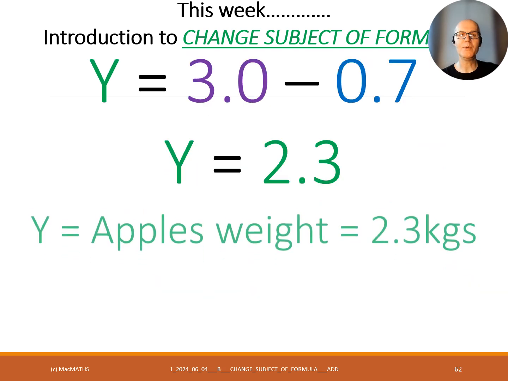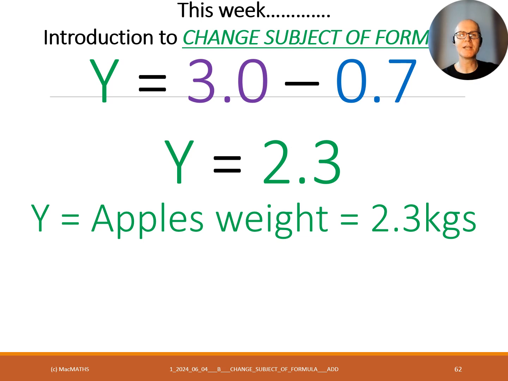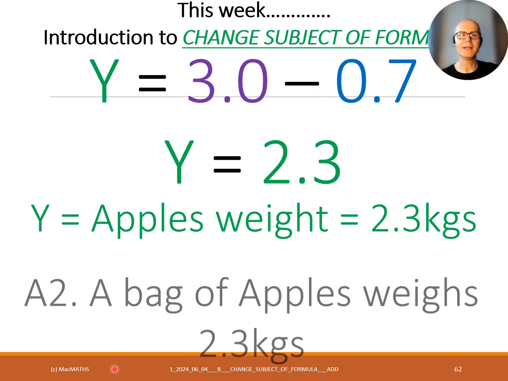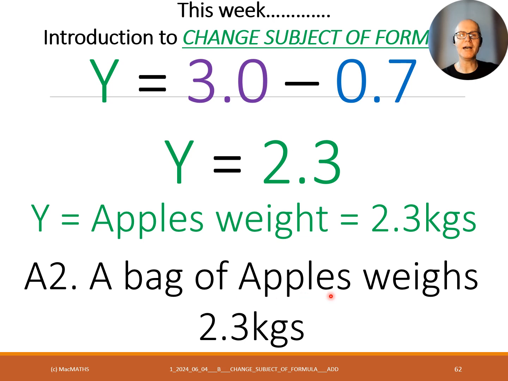Therefore, the weight of a bag of apples is 2.3 kilograms. 3.0 minus 0.7 equals 2.3. The answer is that a bag of apples weighs 2.3 kilograms for this specific example.